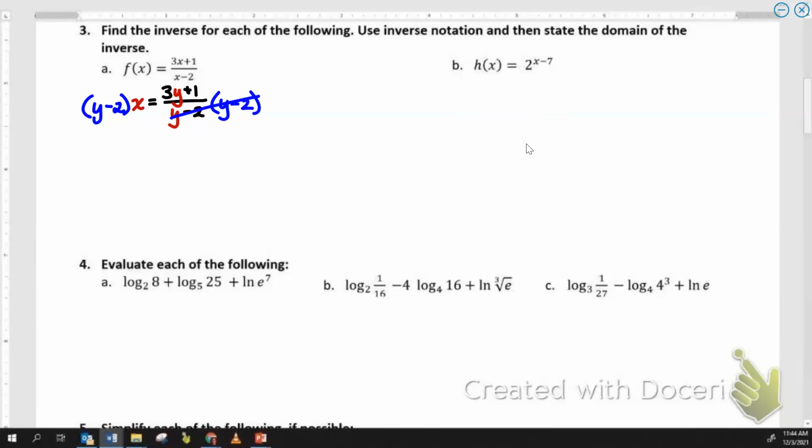Log base 2 of x equals y minus 7. I'm going to add 7 to both sides to isolate y. Then I can write my inverse. H inverse of x equals log base 2 of x plus 7.